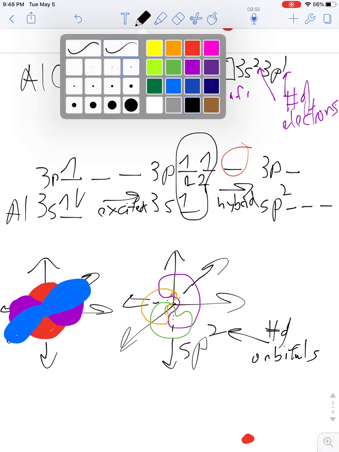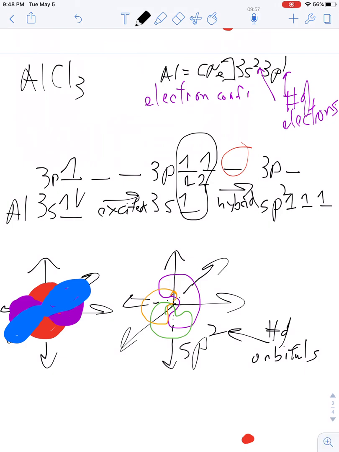Now we can understand why aluminum forms 3 bonds, because I need 1, 2, 3 more electrons. So I need 3 more electrons for a total of 6.